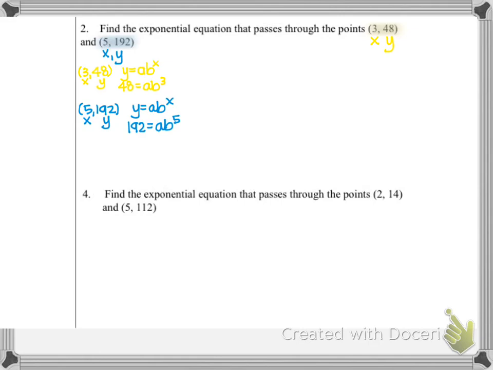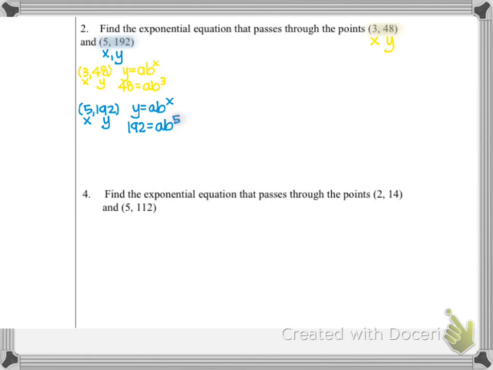I am going to take a look at the 2 exponents on B, the exponent of 3 and the exponent of 5, and identify which of those exponents is larger. Well, 5 is clearly larger. Because the 5 is larger, this is the one that I'm going to focus on.